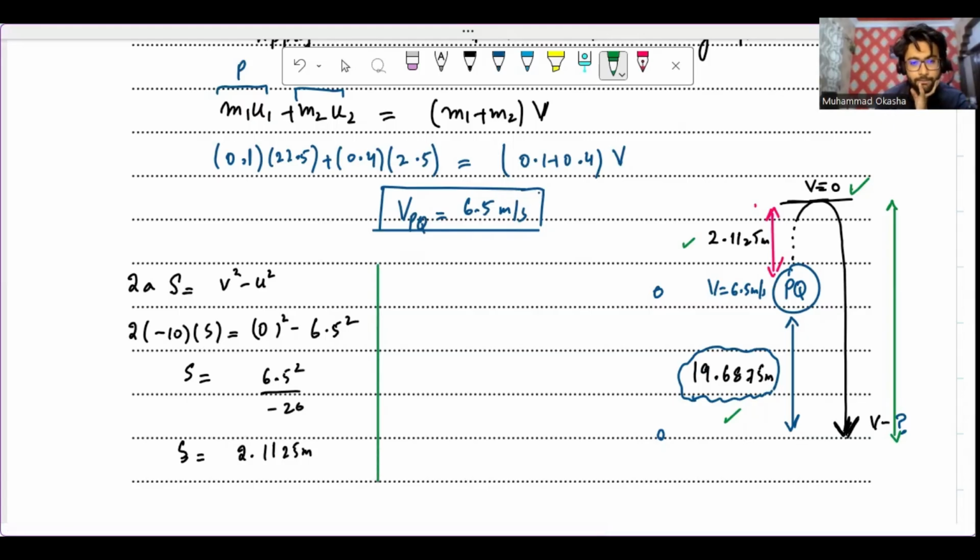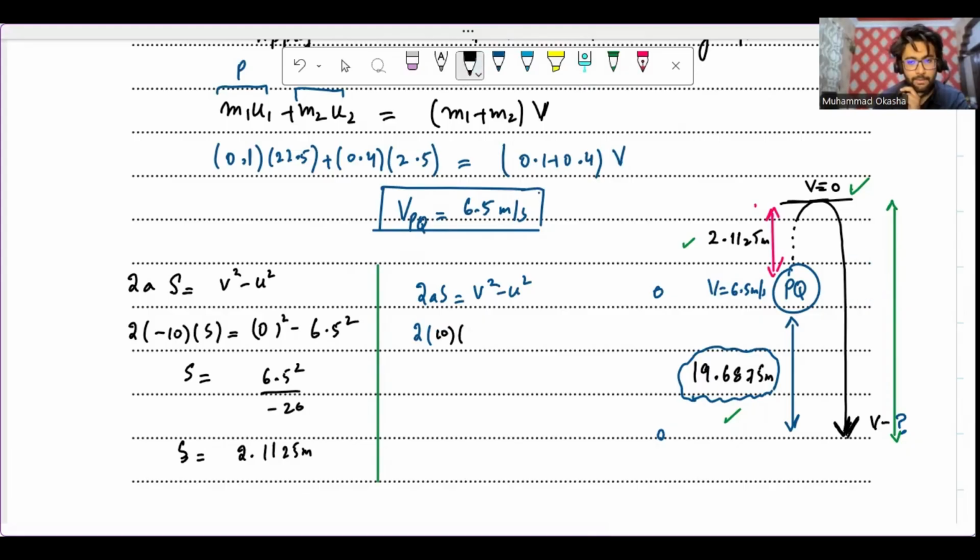So I'll use this formula again, which is 2as equals v squared minus u squared. During this part of the motion, the particle is coming downwards. We know the acceleration is also acting downwards. So the value of g will be taken as positive 10. Okay, be very careful with that.